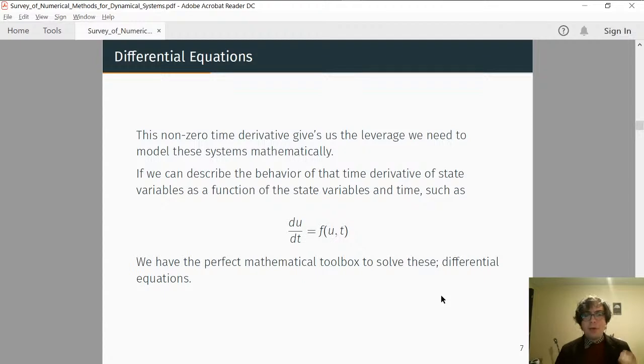And if we can solve those differential equations numerically, we can model the behavior of that system that derivative is designed to capture. So by doing that sort of rhetorical sleight of hand, when I go, oh, we're going to model dynamical systems, no, we're going to model differential equations, using the fact that that time derivative is non-zero, that bridges the gap between dynamical systems and differential equations. And so we have the perfect mathematical toolbox for solving these systems.